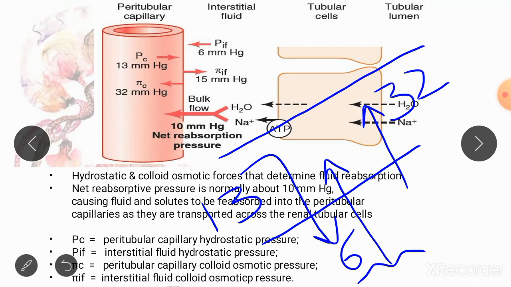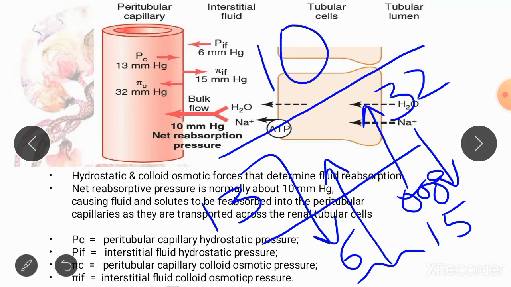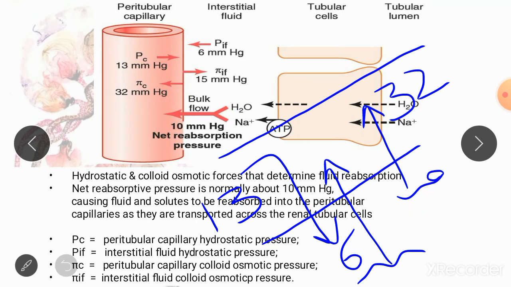And then we have the osmotic pressure of the interstitium because of solutes and proteins, and it is around 15 millimeter mercury, and it is also an outward force. So the sum of all the outward and inward forces is going to be around 10 millimeter mercury in the direction of the peritubular capillaries, and the reabsorption is going to take place with a force of 10 millimeter mercury.